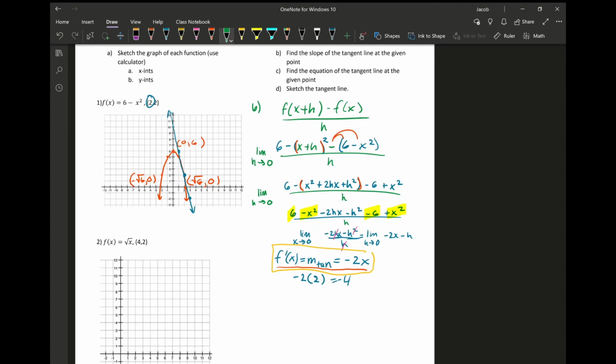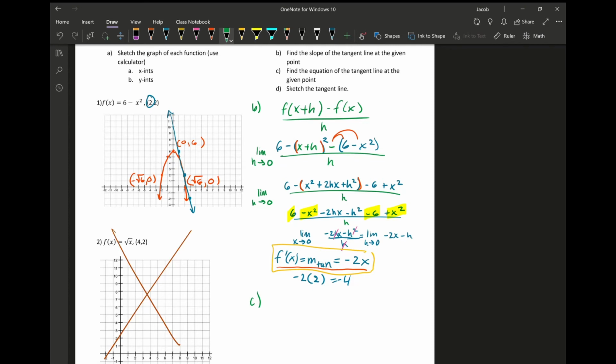Now, that was B, so kind of a long question. The C is asking for, remember, we're not doing this. C is asking for, find the equation of the tangent line at the given point. Thankfully, we already have the slope.